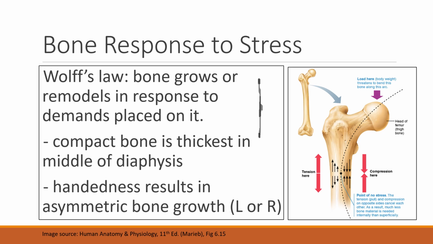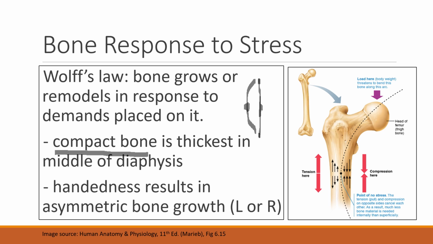But if you imagine the stress on a long bone, you could have a bending stress, right? And where does the pressure mostly occur? It occurs in this middle part. So as a result of this stress, you could have thick compact bone in the middle of the diaphysis in response to the bending stress placed upon it.